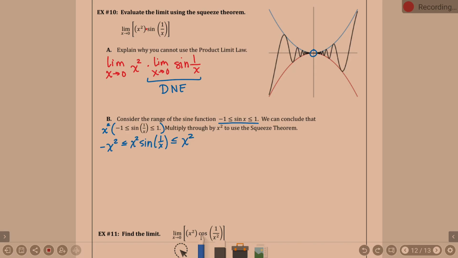So we're trying to do the limit as x approaches 0 of negative x squared, and the limit as x approaches 0 of x squared. What's the limit as x approaches 0 of x squared?